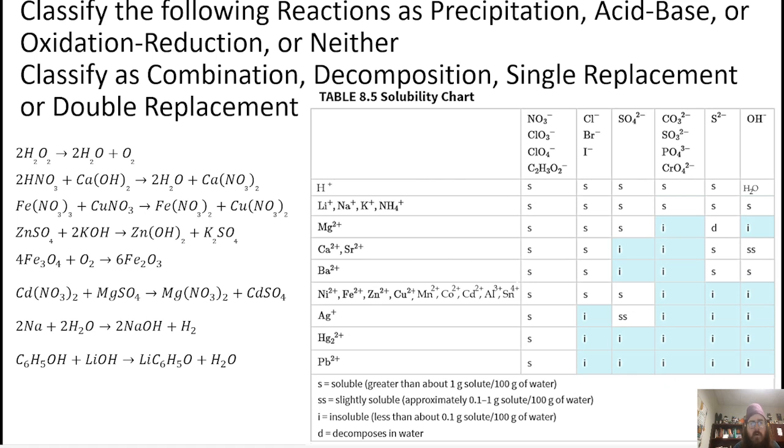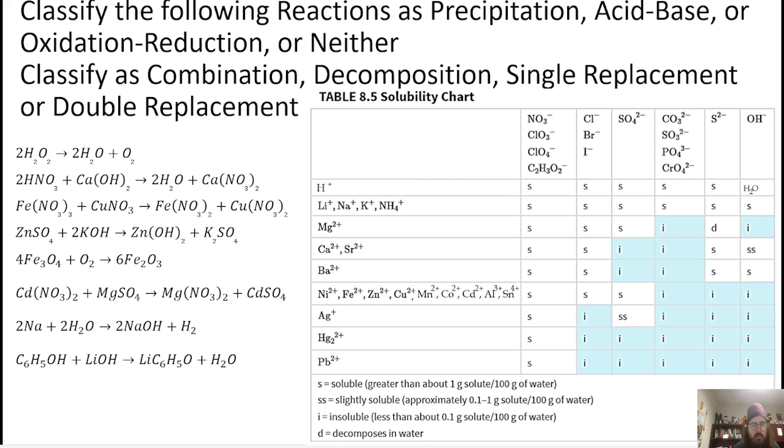So, iron nitrate. I scroll over here, I look at my nitrate column, down to iron, and I look at the copper. Both of those are S. S stands for soluble. Anything that is soluble means it's aqueous.